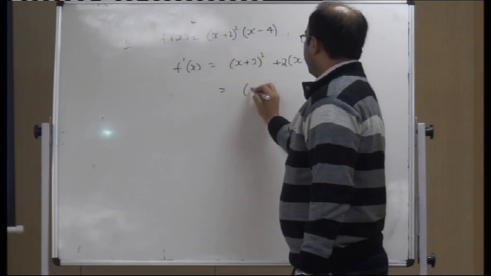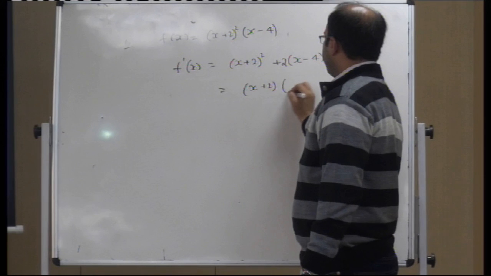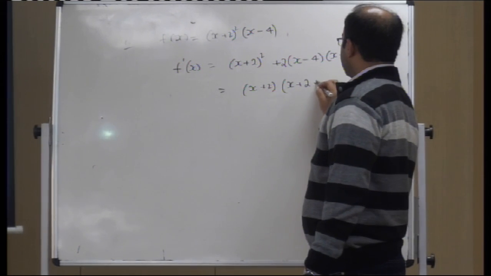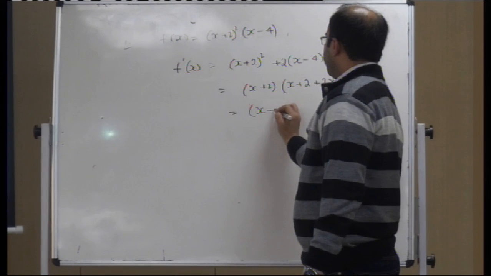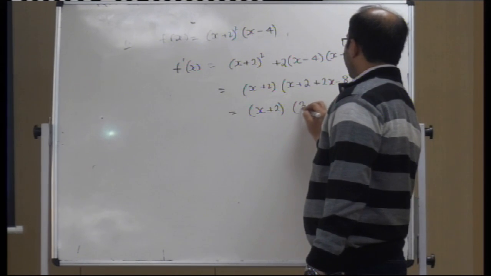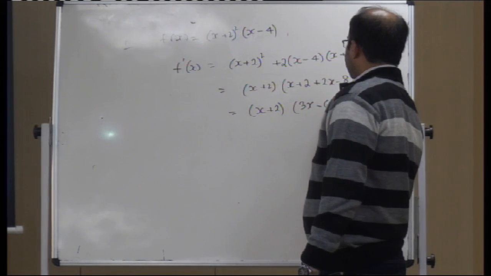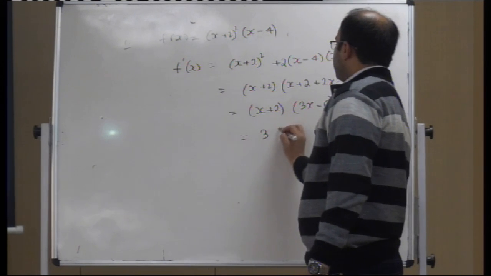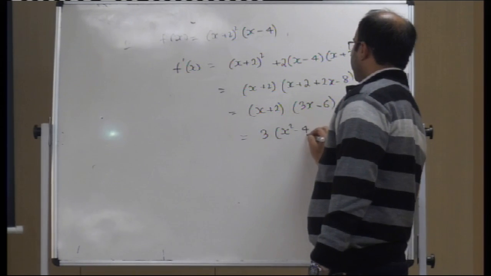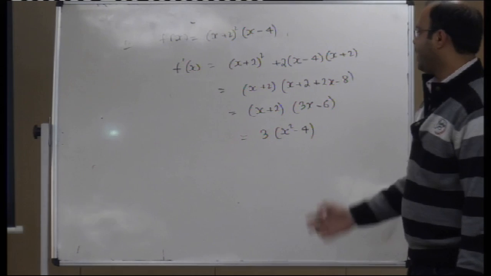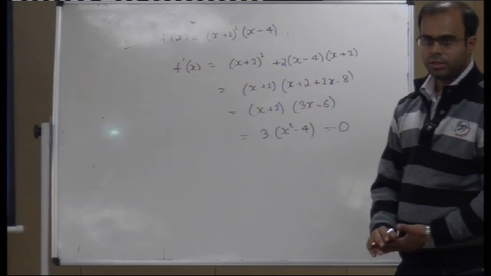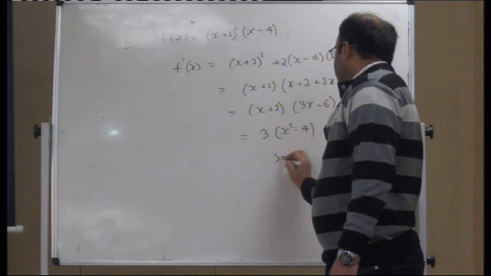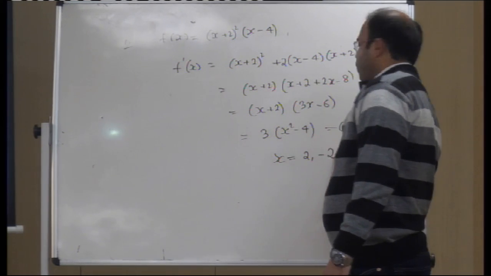You will take common (x plus 2), this would become (x plus 2) times (x plus 2 plus 2x minus 8), which would become (x plus 2) times (3x minus 6), which would become 3 times (x square minus 4). Now what we do, we equate it to 0 as it is already defined at all other points, and we will find that x is either 2 or minus 2.